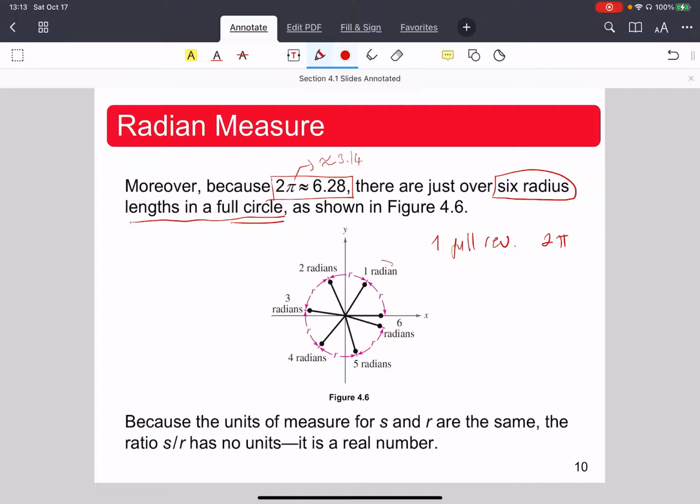So you guys realize 1 radian, 2 radians, 3 radians, 4 radians, 5 radians, and 6 radians. We cannot create more than 6 radian measures, because we know that 2 pi is approximately 6.28 radians. For that reason, we can only have 6 radians at most.